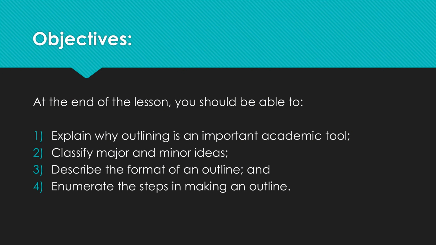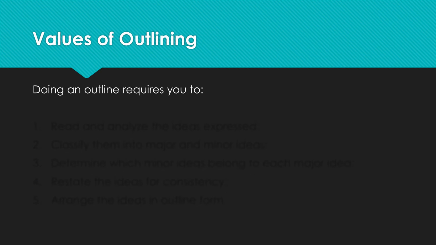At the end of the lesson, you should be able to explain why outlining is an important academic tool, classify major and minor ideas, describe the format of an outline, and enumerate the steps in making an outline. But to clear the expectations, you are expected to read and analyze the ideas expressed, because you cannot make an outline if you do not understand the text.